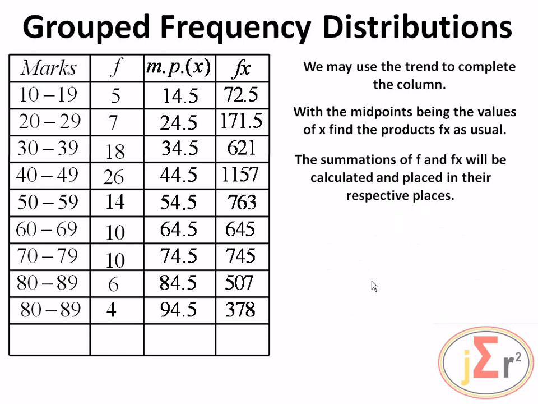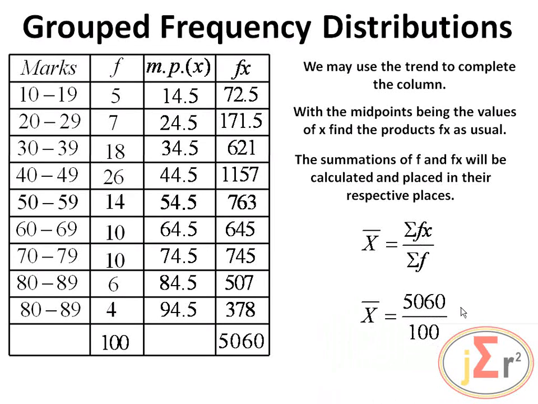The summations of f and fx will be calculated and placed in their respective places. So we are going to find the summation of f, and it will go right here. When we add that, we get 100, and the summation of fx is 5060. So the mean, which is given by x bar, is equal to, as usual, summation of fx divided by summation of f.